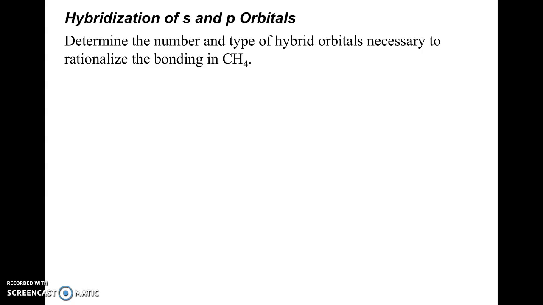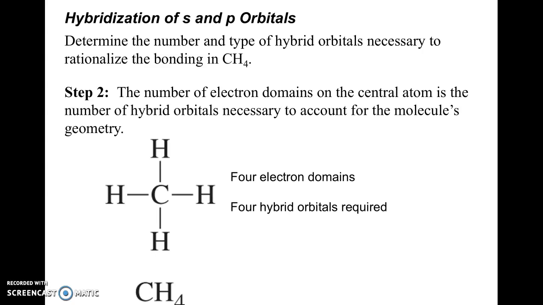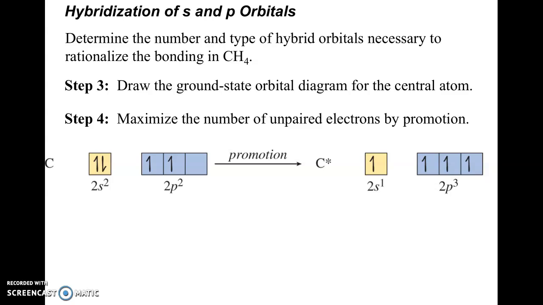Here's another example, and this is for methane. We look at the Lewis structure, we get 4 electron domains, and 4 hybrid orbitals are required. Carbon has 2 electrons in the 2s and 2 single electrons in the 2p.